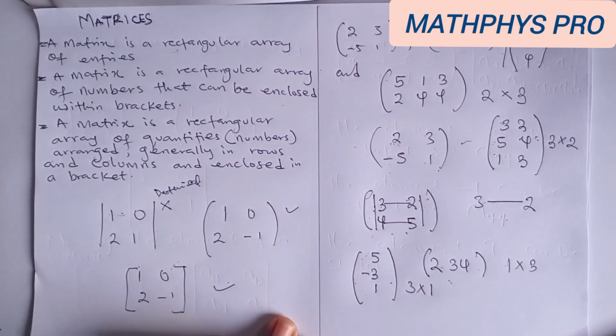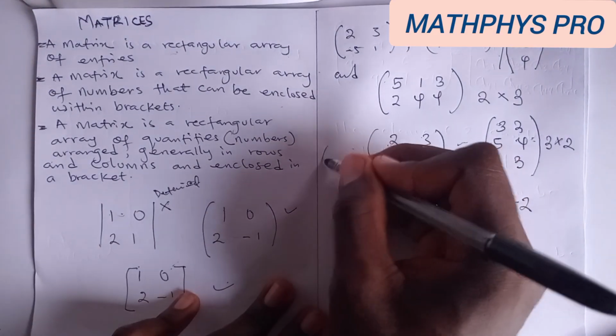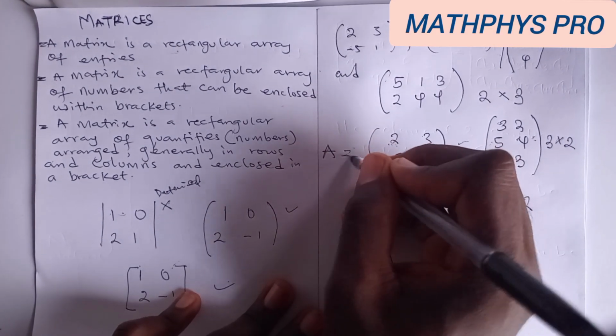The way you denote a matrix is with a capital letter. For example, let's say A is equal to this.